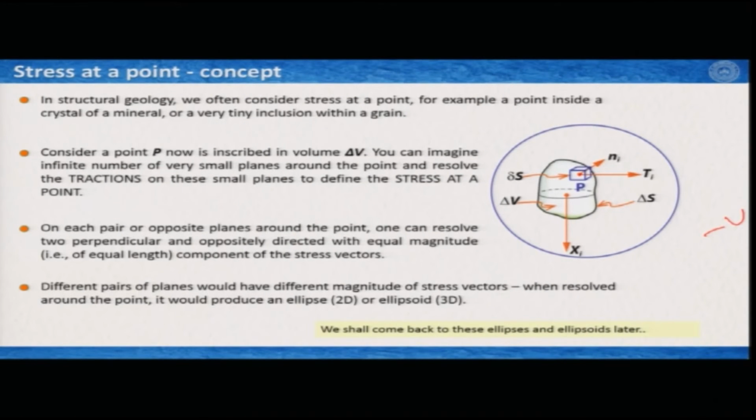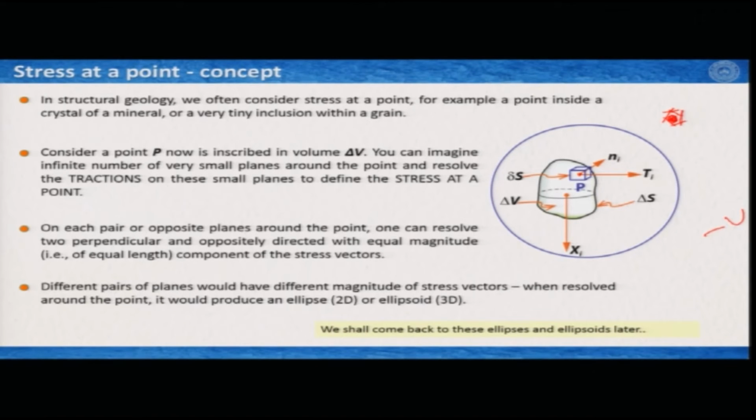and if I consider this as a point P, then actually I can draw an infinite number of surfaces around it. What I mean by this is, if I have this point P, then I can draw an infinite number of surfaces. And these surfaces are very small because they are around a point, and on each surface we can calculate the stress, because stress classically is defined as reactive force per unit area.